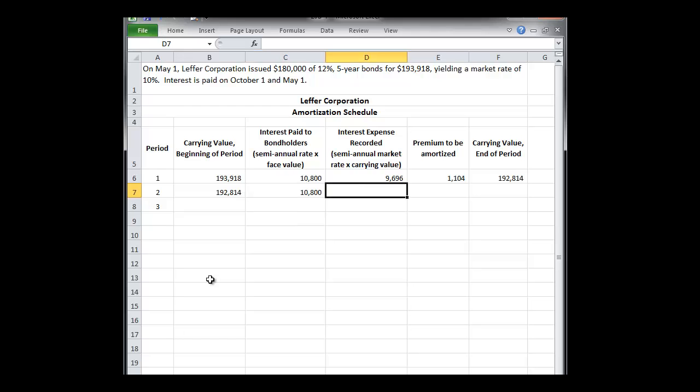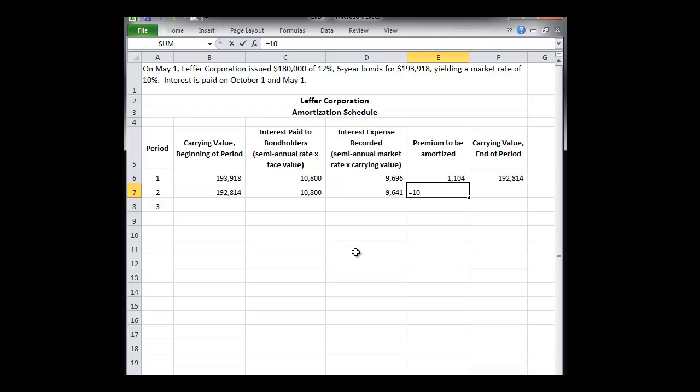Now my interest expense is going to be the semi-annual market rate, which is half of the annual market rate. That's 5%. And I'm going to multiply that by the carrying value of the bonds at the beginning of period 2. So I'm going to multiply it by 192,814. Okay, now the premium to be amortized is, again, the difference between the interest paid and the interest expense.